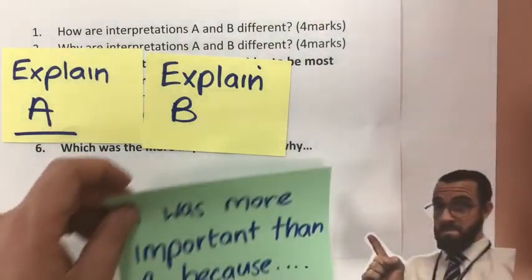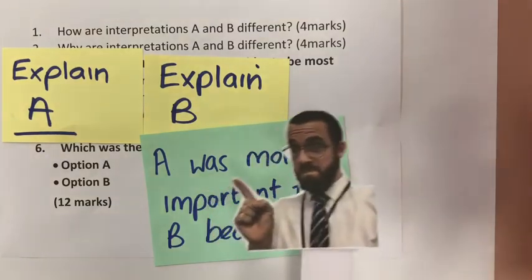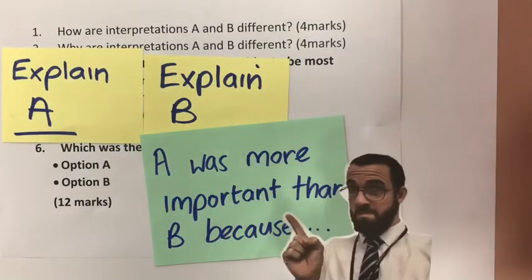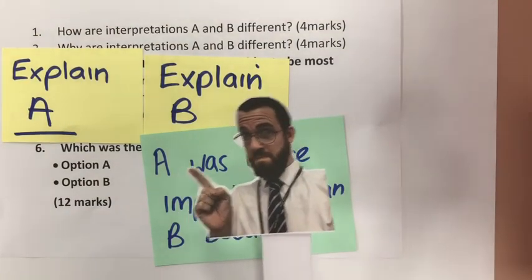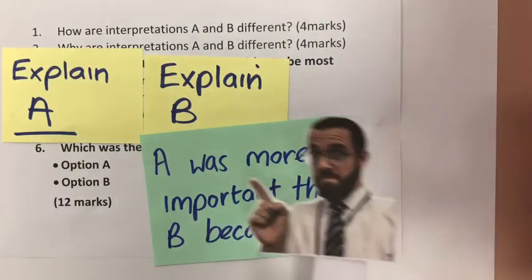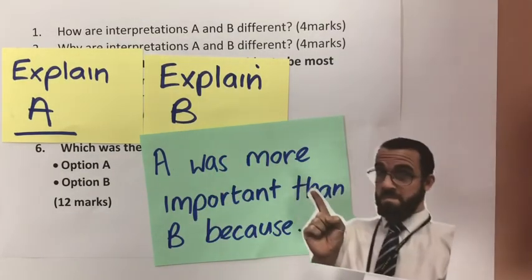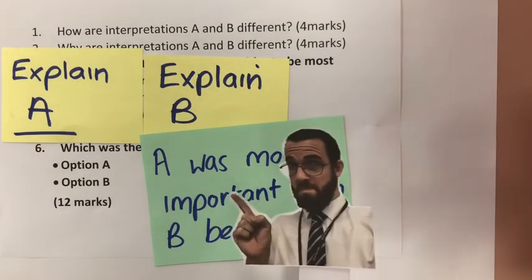Then you must explain which one was more significant. So for example here I say A was more important than B, because remember as well, you don't just re-explain A. You've got to say why A is more important than B. Okay, so if, for example, this was talking about 2 different problems for the Weimar Republic, you'd have to say why one was a bigger problem than the other.